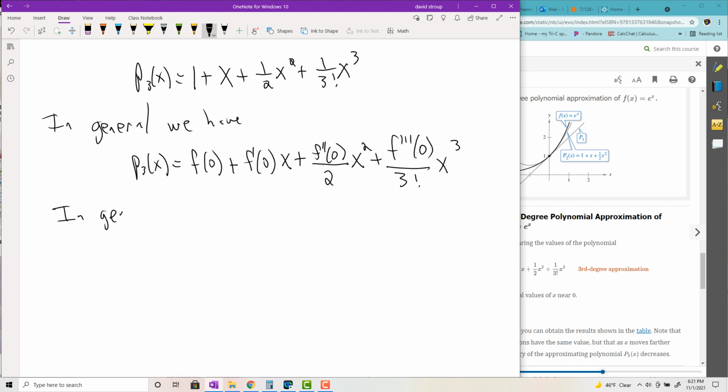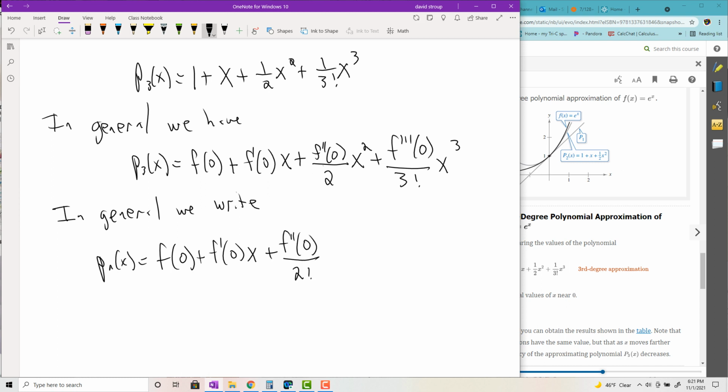If you just want an nth degree polynomial, in general we write that p sub n of x is equal to f of 0 plus f prime of 0 times x plus f double prime of 0 over, instead of writing 2, we'll write 2 factorial, times x squared, plus f triple prime of 0 over 3 factorial times x cubed, plus dot dot dot, plus the nth derivative evaluated at 0 over n factorial times x to the n.